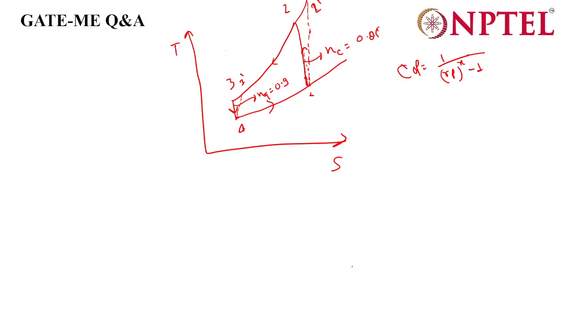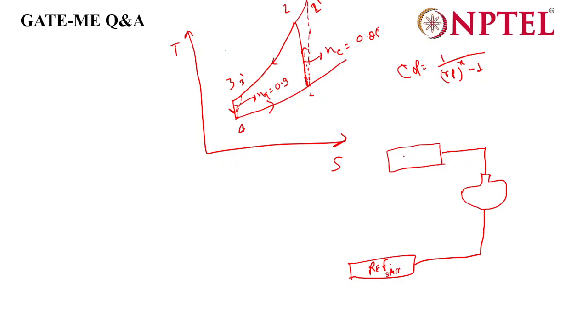Let's suppose this is the refrigerated space, and from here it will go to the compressor. From there it will go to a cooler, which you can also call a condenser; both are okay.